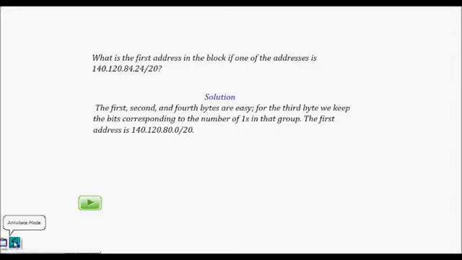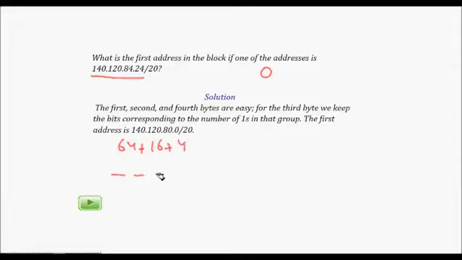Only the last 12 bits we want to make 0. Last 12 bits means the last 8 bits will be 0, so the last decimal will become 0. Now 84 is 64 plus 16 plus 4.